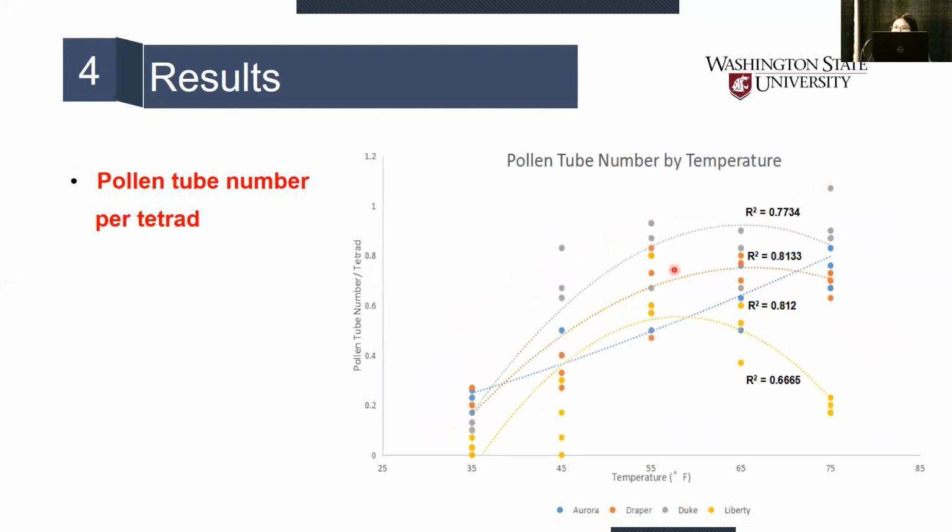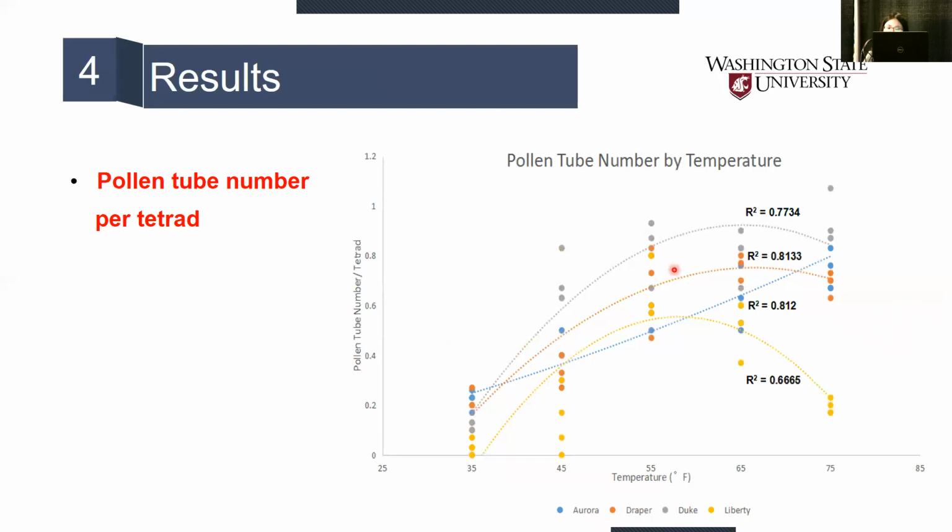And now let's check the pollen tube number per tetrad under different temperatures. Still, the x-axis is temperature, and the y-axis is the pollen tube number per tetrad, and every color stands for a cultivar.